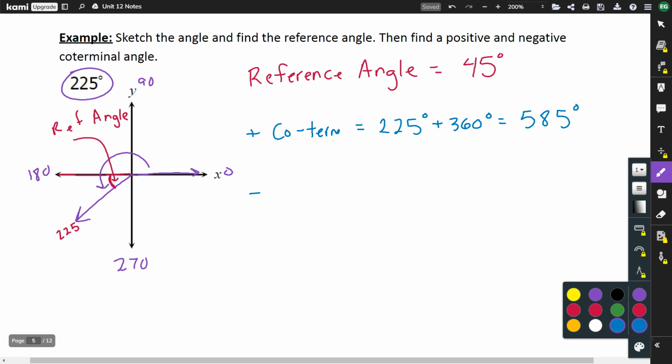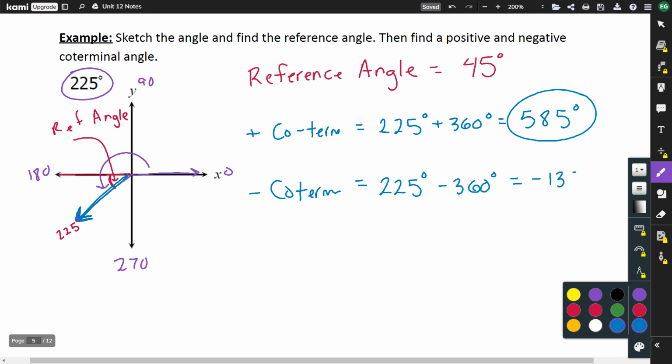So again, coterminal angle means that if I were to sketch 585 degrees, my angle is going to have a terminal side that lands right on this terminal side here. To find my negative coterminal angle, I'm going to do the same thing where I'm going to start with my original angle, but this time I'm going to subtract a revolution. Right? This is going to result in a negative angle measurement of negative 135 degrees. Okay? So now we would have everything you need.